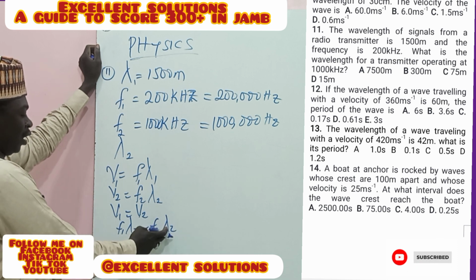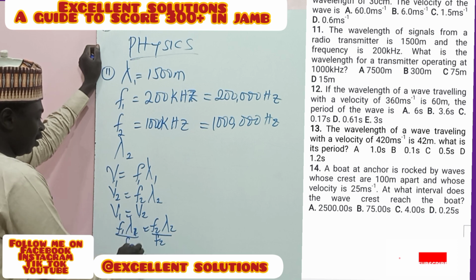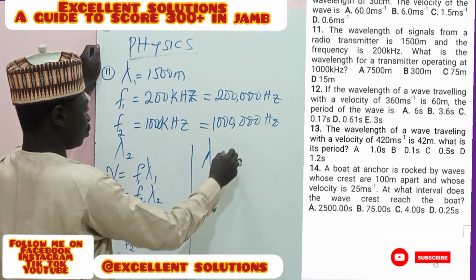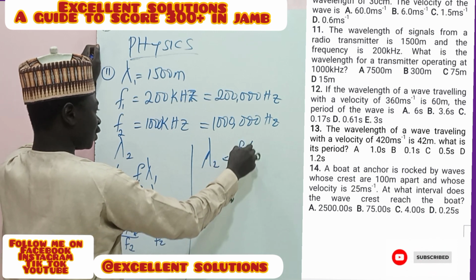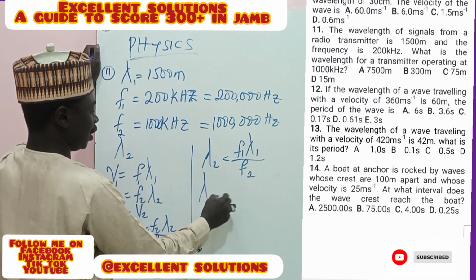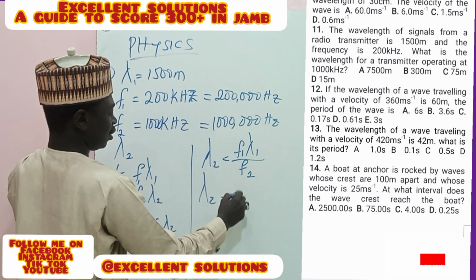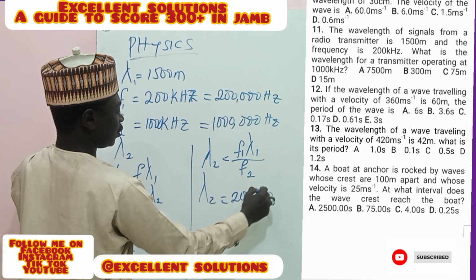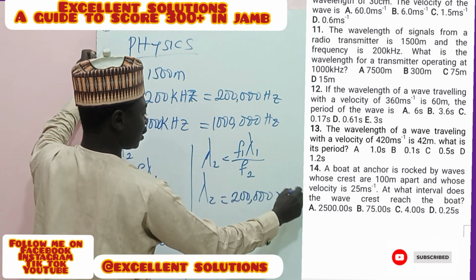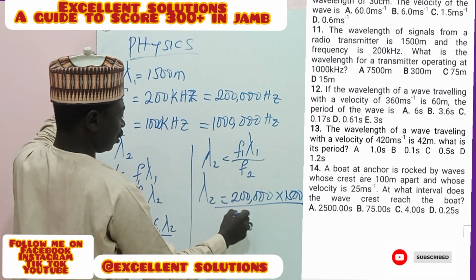If we are looking for lambda 2, we divide both sides by F2. So we have lambda 2 equals F1 lambda 1 over F2. Our F1 here is 200,000, multiplied by our lambda 1, 1500, divided by our F2, 1 million hertz.